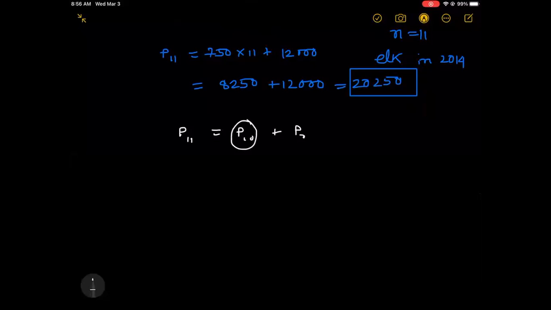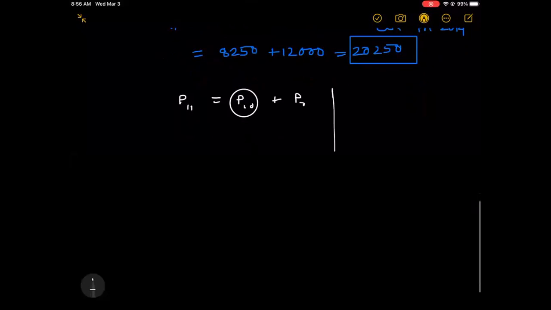And for P10, we would need P9. For P9, we need P8. So it goes like this. That's why it's known by the word recursive. So that's why for a really long time duration, we avoid the recursive form.